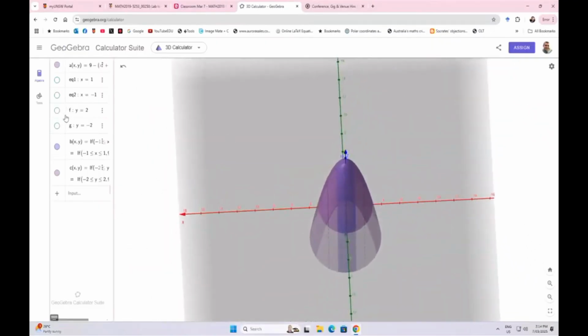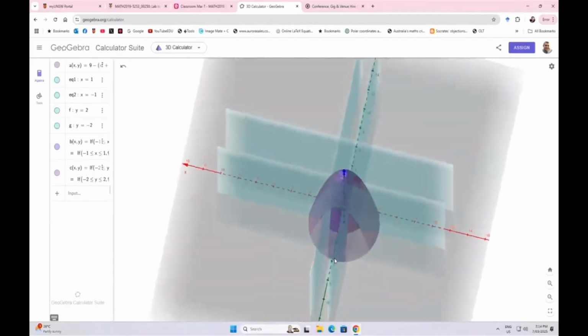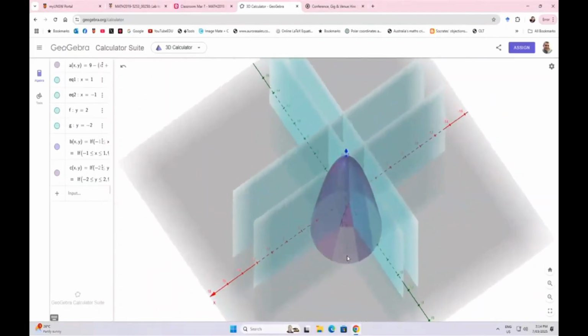So the question is, what is the volume above that rectangular base, but below the surface, or that part of the surface. Okay, that's what we're going to look at. Okay, that's sort of some geometric idea. All right, questions so far?